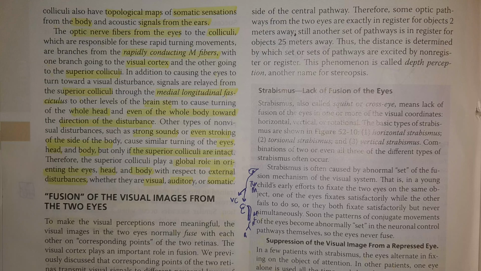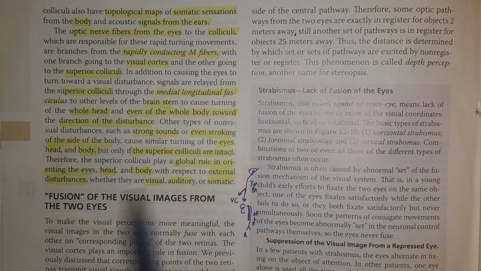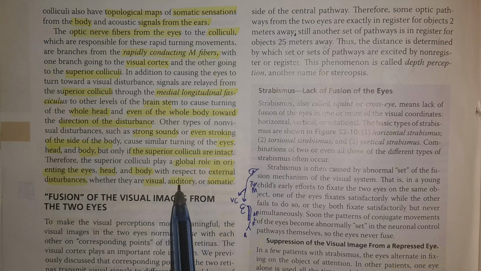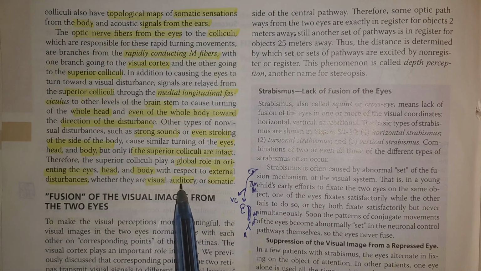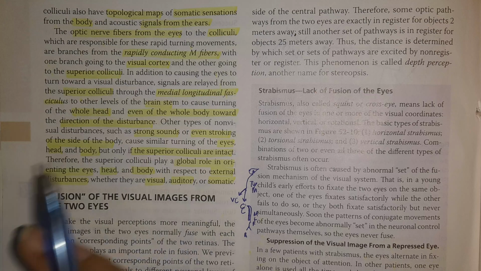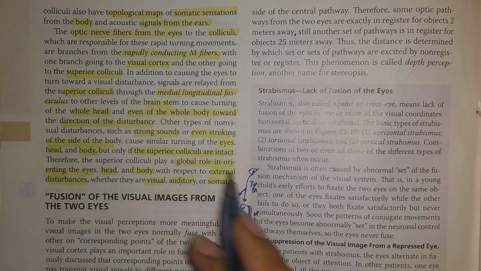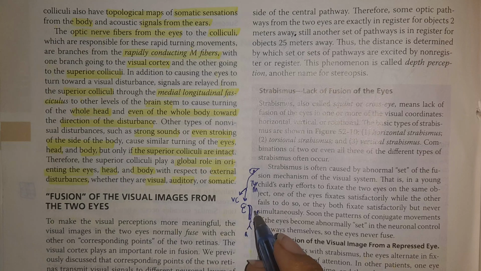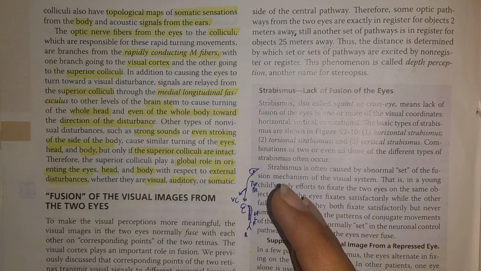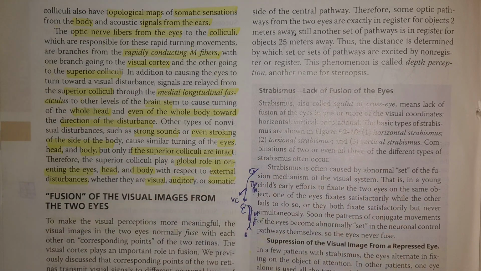And they are saying that not only visual disturbances are going to cause this to happen, but there can be certain external disturbances like auditory disturbances, strong sounds, or somatic, like a person touching you. So in this situation, a similar pattern will be activated through the superior colliculus, and that superior colliculus will send signals via the medial longitudinal fasciculus to other regions of the brainstem to cause the movement of your head, then your body, towards that specific region.